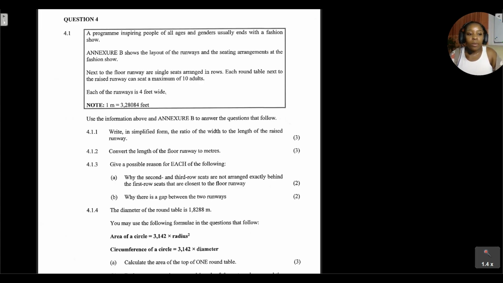Each round table next to the raised runway can seat a maximum of 10 adults. Each of the runways is 4 feet wide. Note 1 meter is equal to 3.28084 feet. Use the information above and Annexure B to answer the questions that follow.